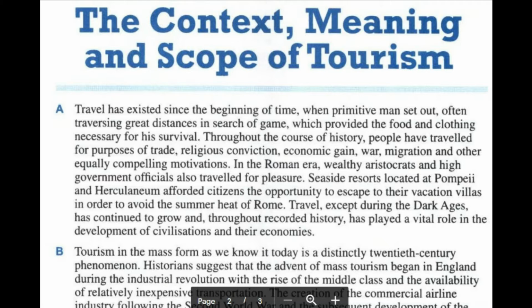again a historical reference, dark ages, has continued to grow and throughout recorded history has played a vital role in the development of civilization and their economies. If we look at the keywords in the last line, civilization and their economies, these are the two keywords.